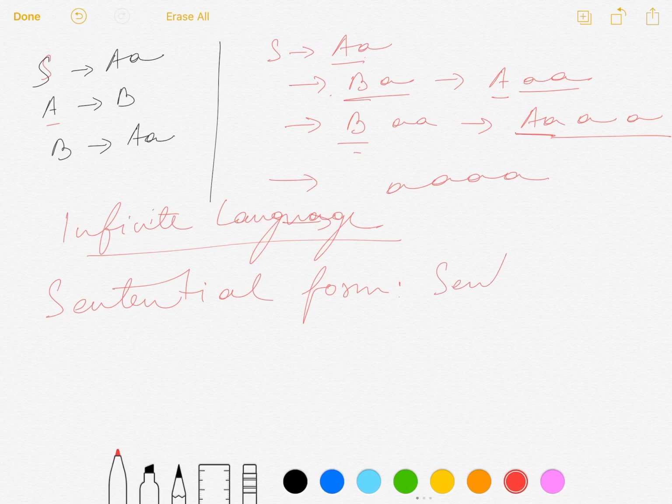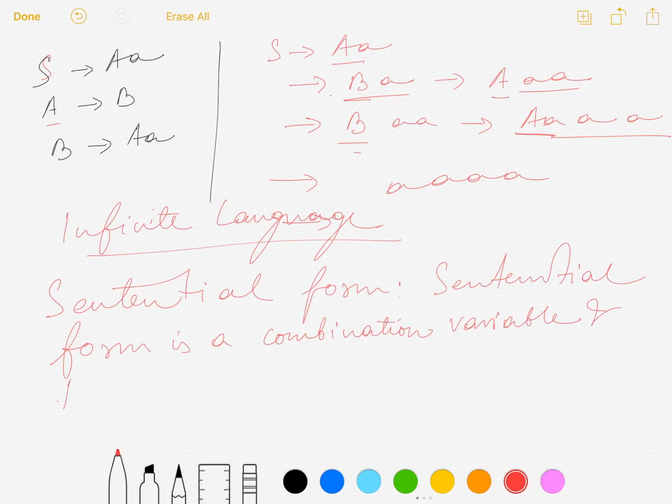Sentential form is the combination of variable and terminal symbol.